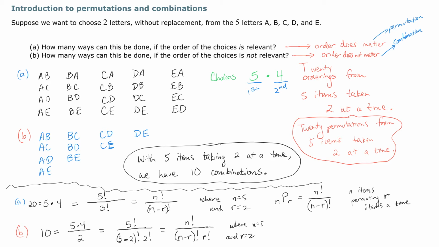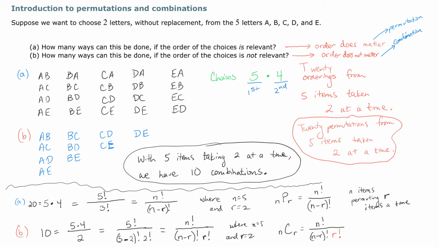Now, in general, we have this formula. If you have n items, and you want to make a combination taking r items at a time, we use this notation. We use n choose r, which is equal to n factorial over n minus r factorial divided by all the double counts.